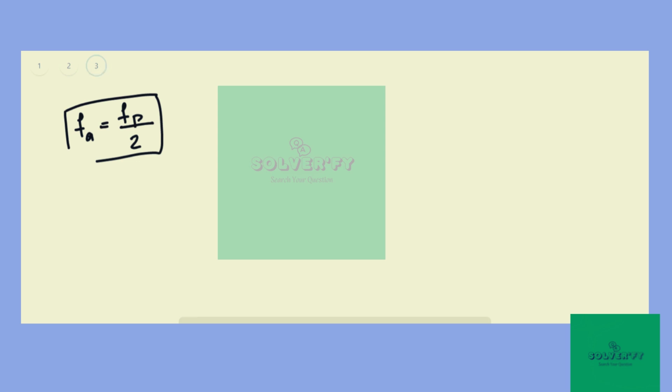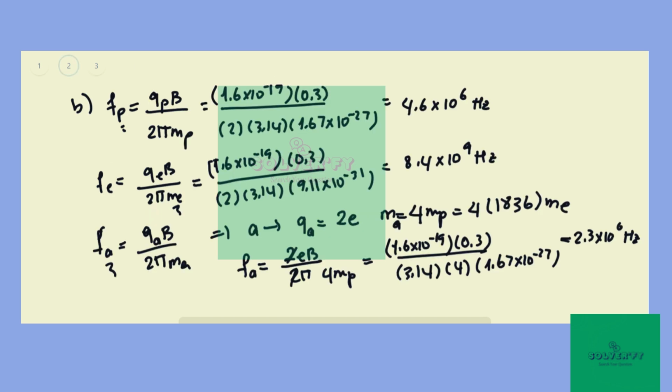And in relation to the frequency of the electron, f_alpha is again 2eB over 2 pi, right? 4 times 1836 times m_e, with the conversion that we established here.